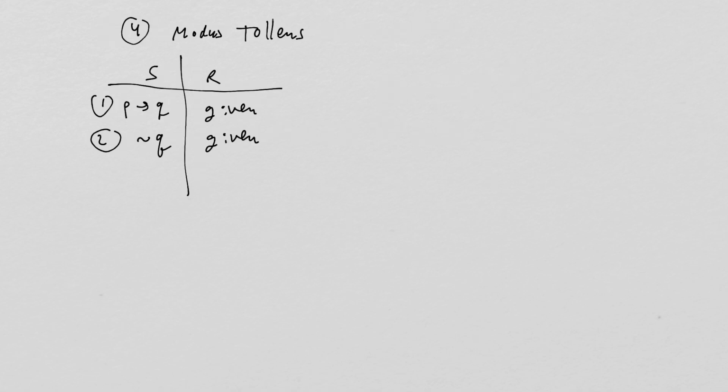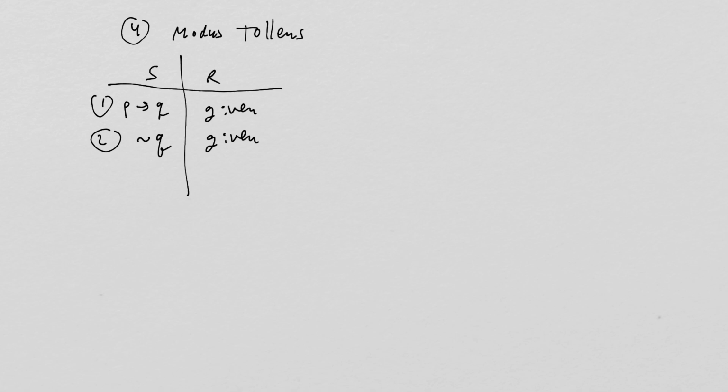Now the last rule for this video is called modus tollens. And the way this works is you're given 2 things. In this case, conditional P implies Q, and we're also given not Q, which is not detachment, because detachment is only if P was given. But watch what I can do.